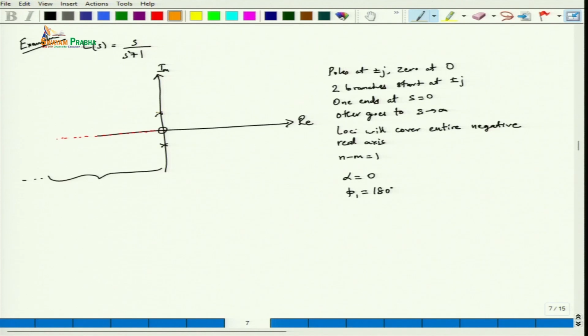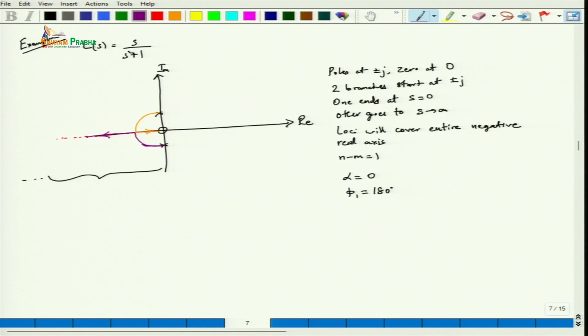We start from the poles and we come to the real axis. It enters the real axis at a 90 degrees angle and we need it to be symmetric. Now one of them goes to the 0, the other goes to infinity along the asymptote.